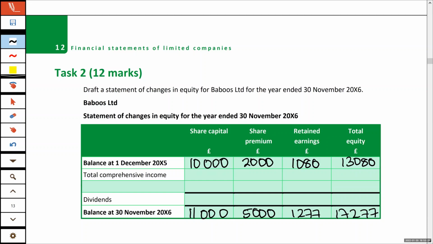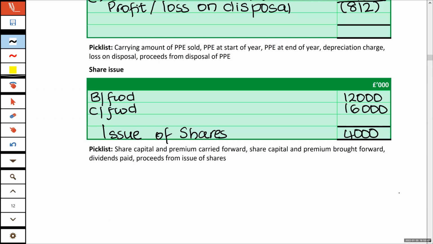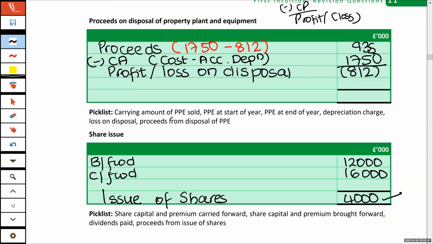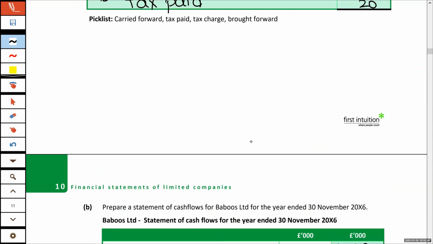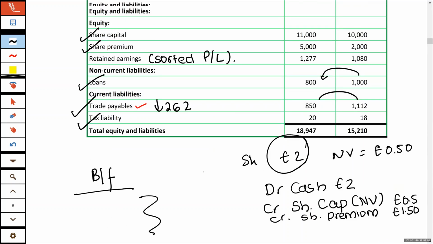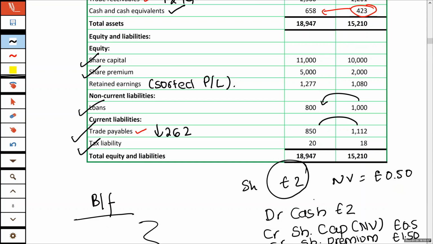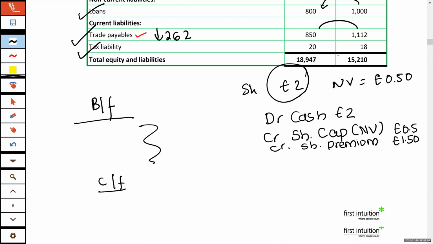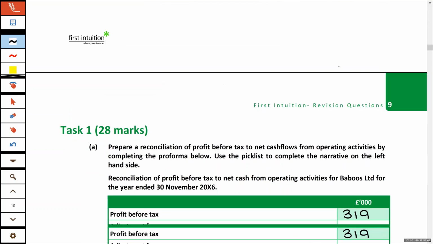What happens in retained earnings? What happens here? Why have these figures changed? As we said, there was an issue of shares, and that issue of shares happened at 4,000. We said we received £4,000 in issue of shares. So going back to our issue of share calculation or double entry that we were talking about, what do you think is my share issue in share capital, and what do you think is my share premium?